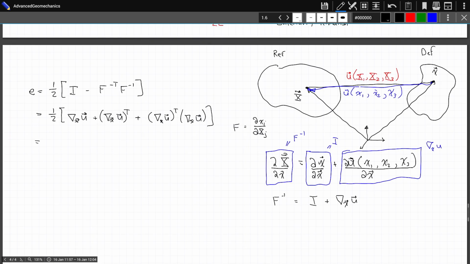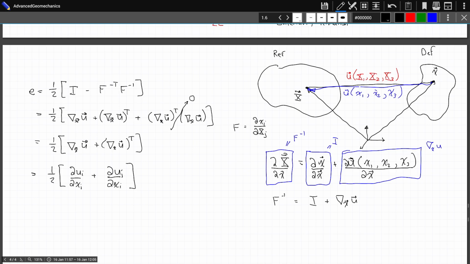if we linearize it, so if this term goes to 0, then we have 1/2 gradient little x u plus gradient little x u transpose, or in additional notation, this is partial u_i partial little x_j plus partial u_j partial little x_i.